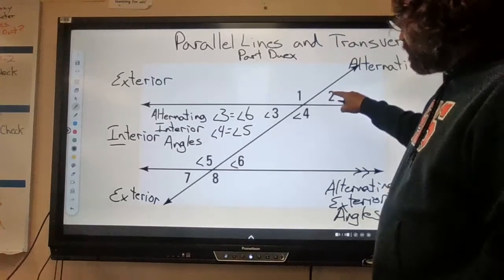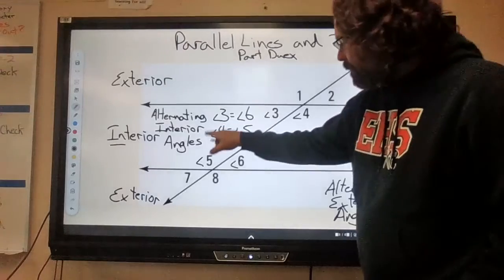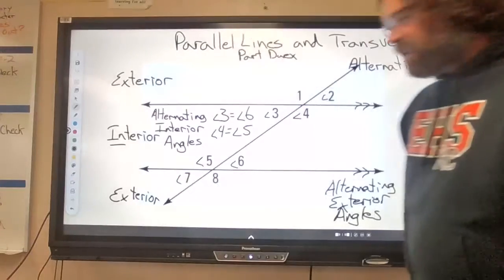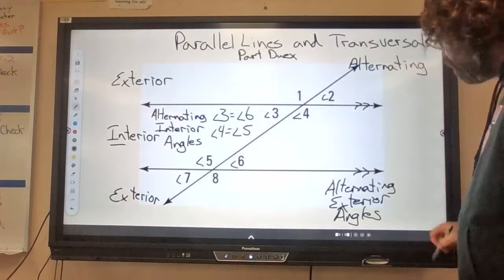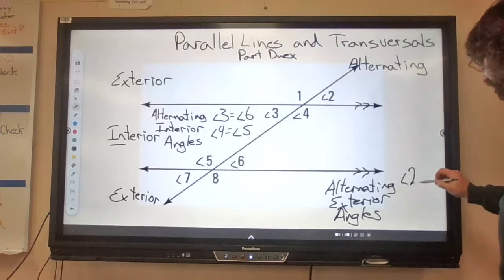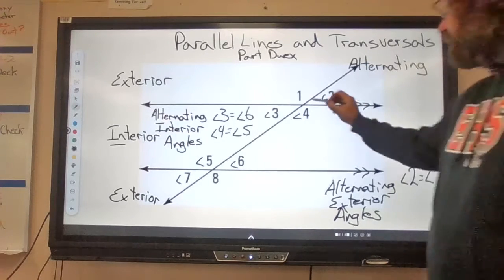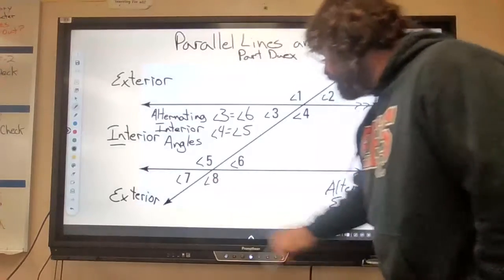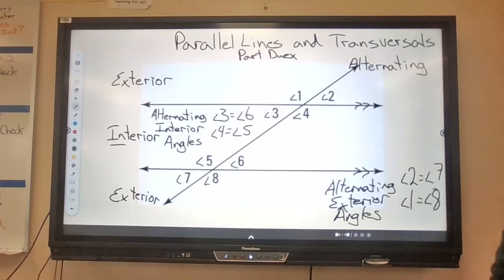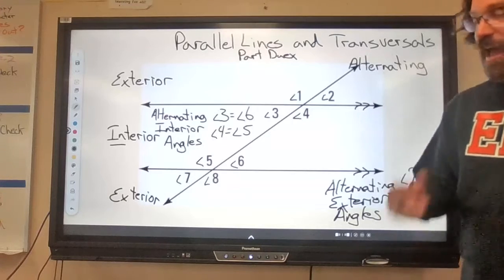If I start here, I need something that's going to be the same on the opposite side of the transversal. If I look at angle 2, angle 7 is the other smallish angle that matches up. So alternating exterior angles: angle 2 is going to be equal to angle 7. That also tells me angle 1 and angle 8 are going to be the same.